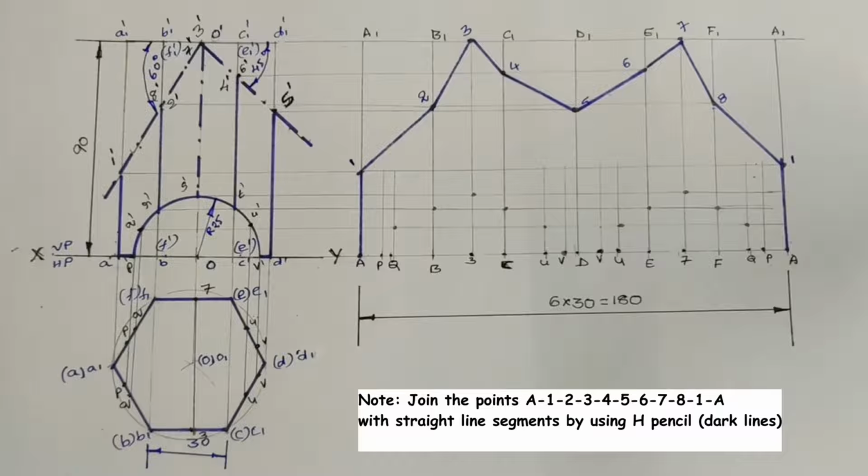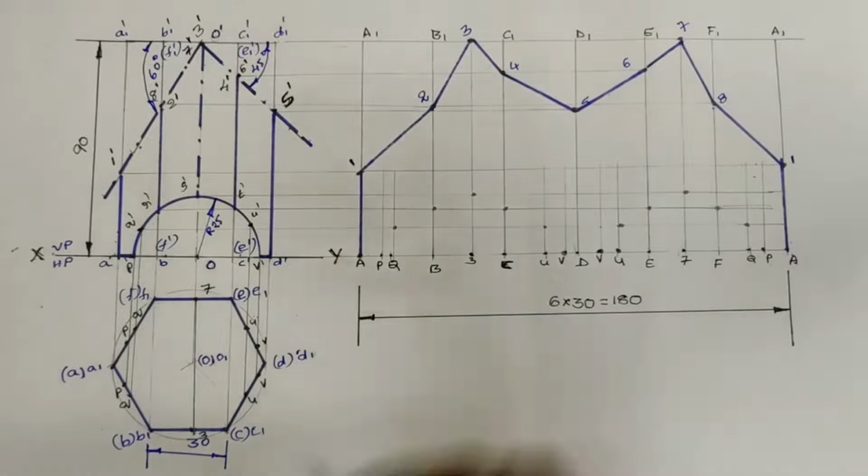After that, name the intersection points of the semicircular section plane with the hexagonal prism.